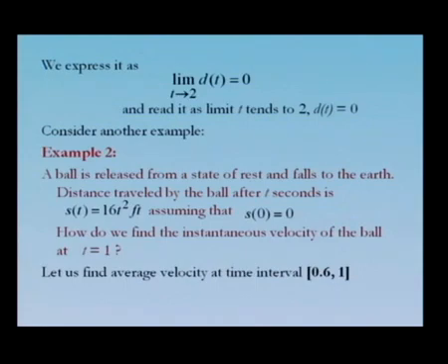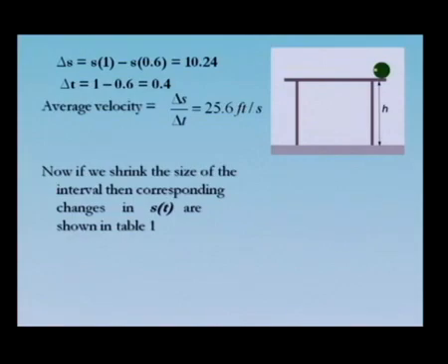To find the instantaneous velocity, let us first find the average velocity in the time interval 0.6 to 1. So the change in position is delta s equals s(1) minus s(0.6), that is 10.24, and the change in time is delta t equals 1 minus 0.6, that is 0.4.